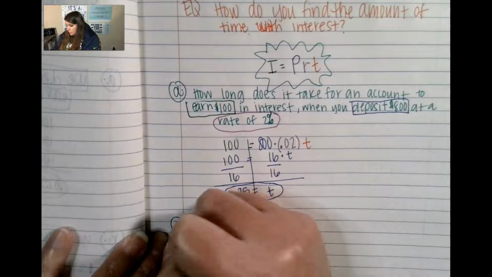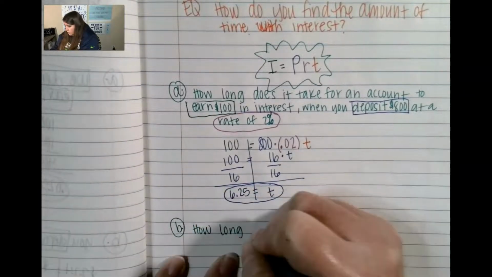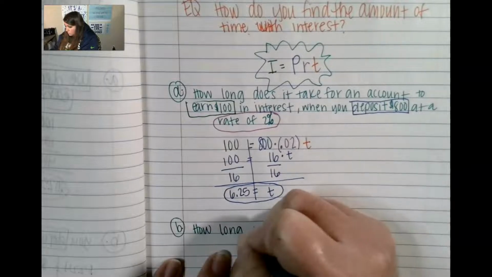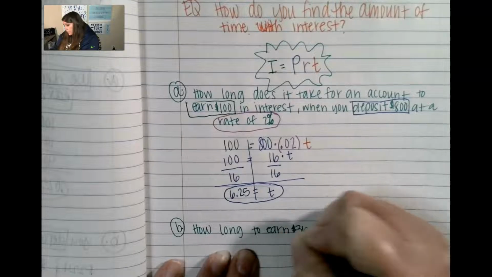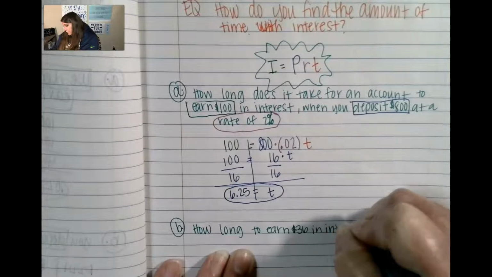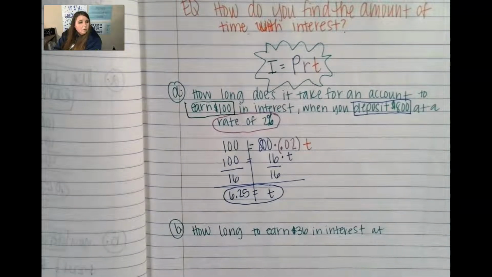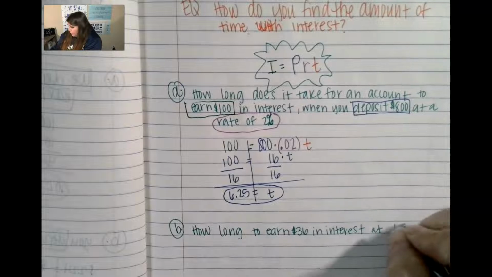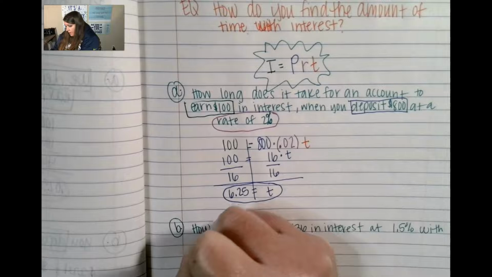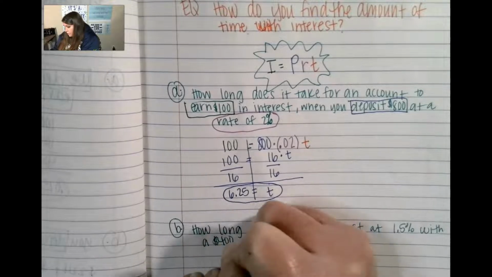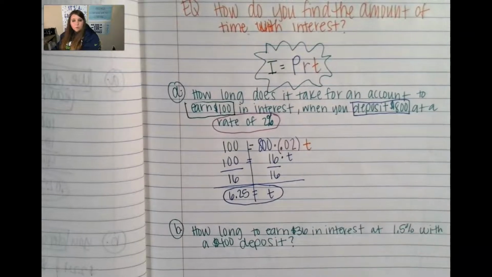So example B. How long to earn $36 in interest at 1.5% with a $400 deposit. So how much money are we going to earn?